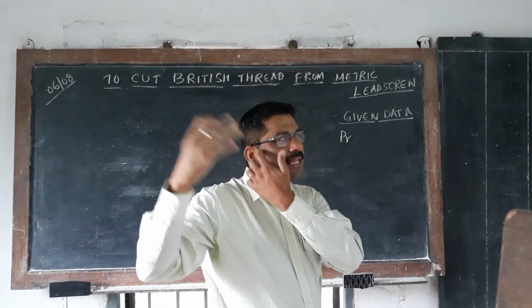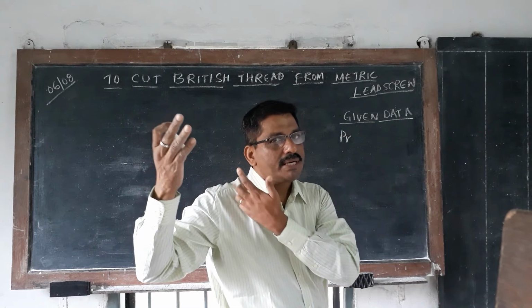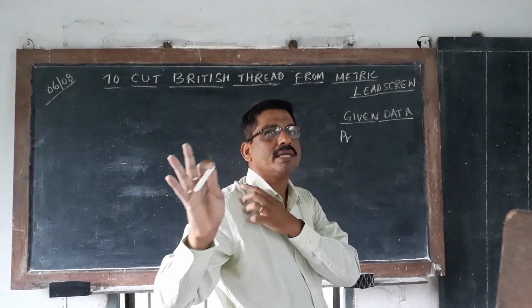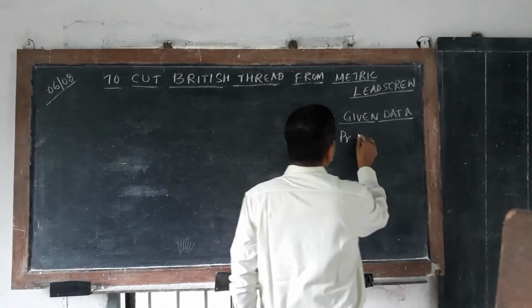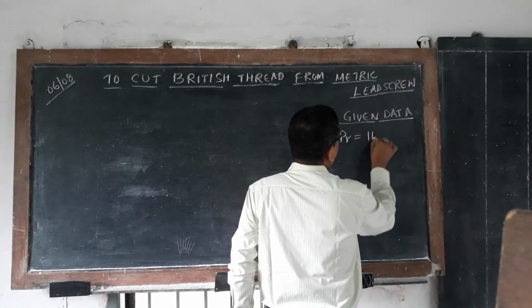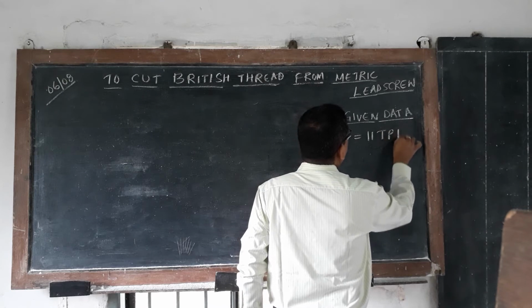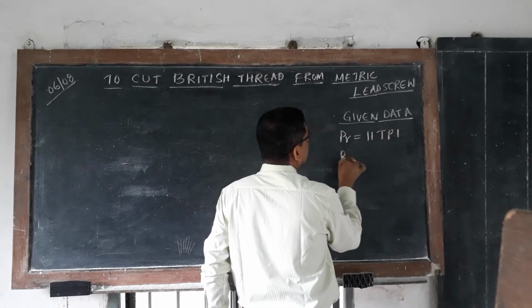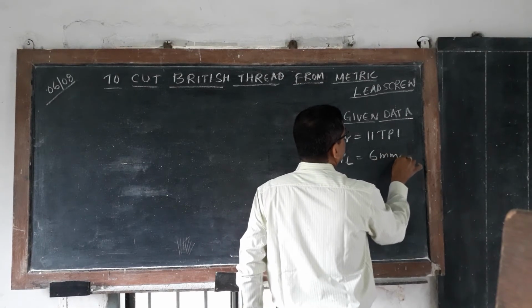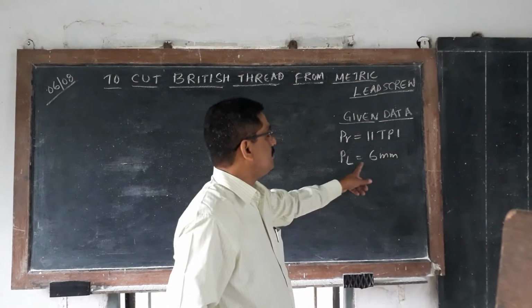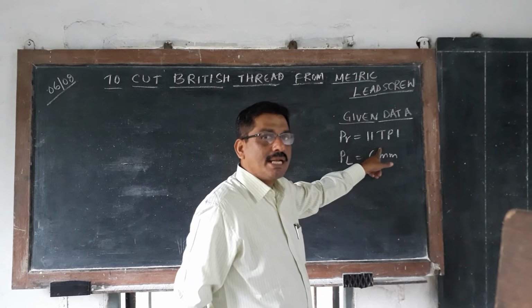Any other diameter is also possible, but what is important for us is only the pitch. What pitch can be cut? So pitch required is 11 TPI, and the pitch of the lead screw is 6 mm.